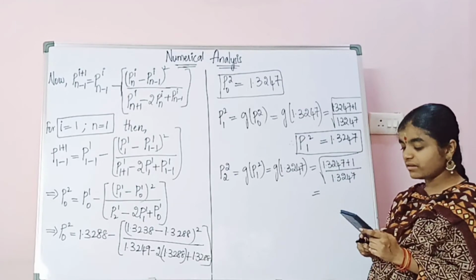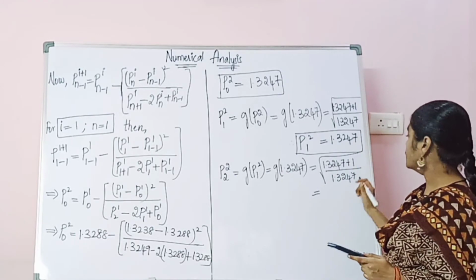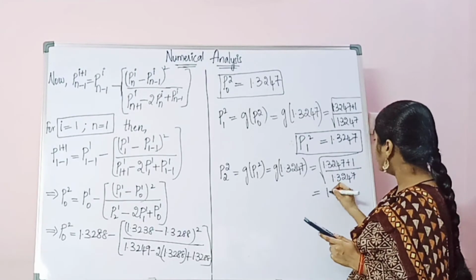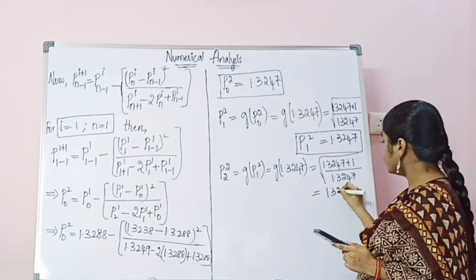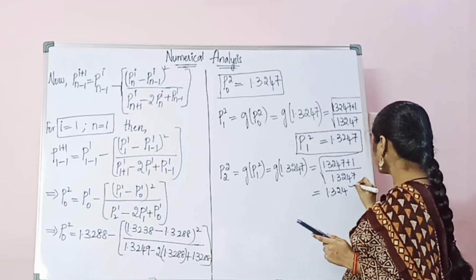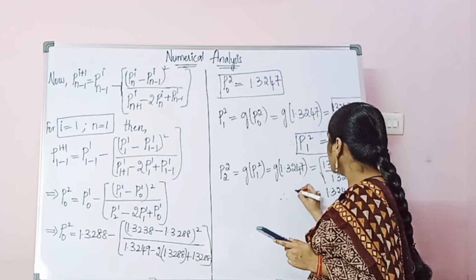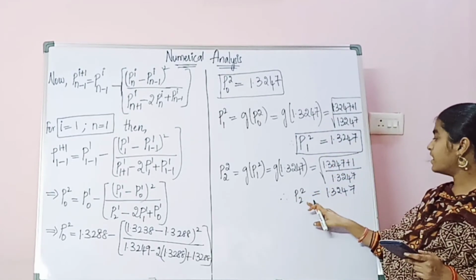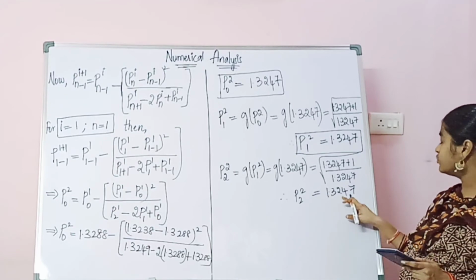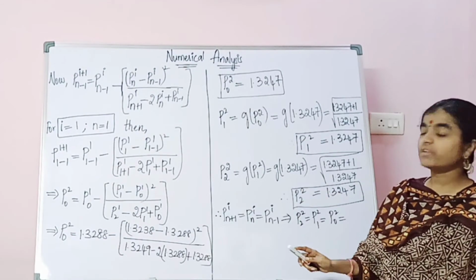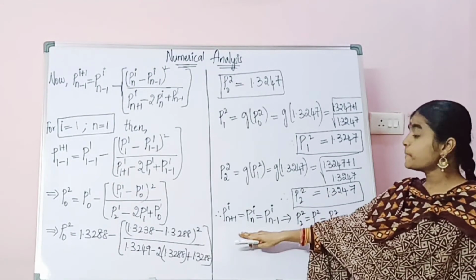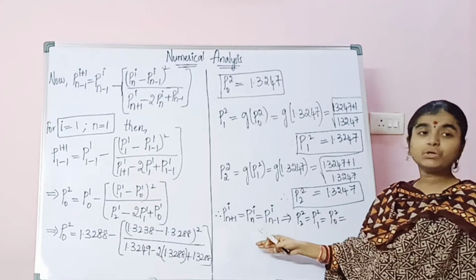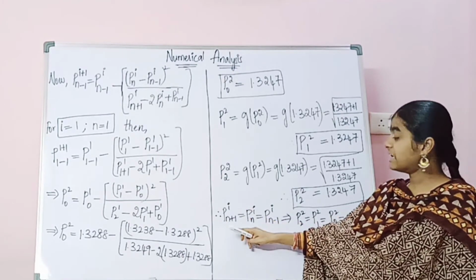After calculating this, again we get the same value, 1.3247. So P2 square equals 1.3247.